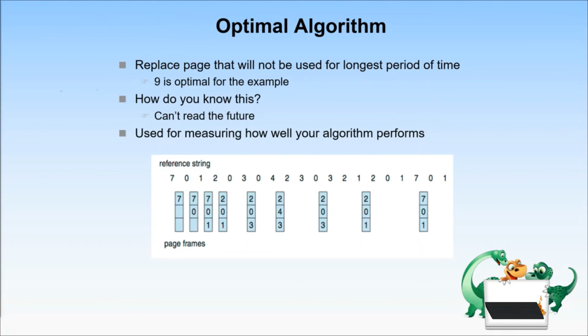The basis of FIFO is the prediction that the page that was brought in the longest time ago is the one that will not be needed again for the longest future time. As we shall see, there are many other prediction methods, all striving to match the performance of optimal. But since we cannot foresee the future, in that situation we will be using first in first out as our prediction method.